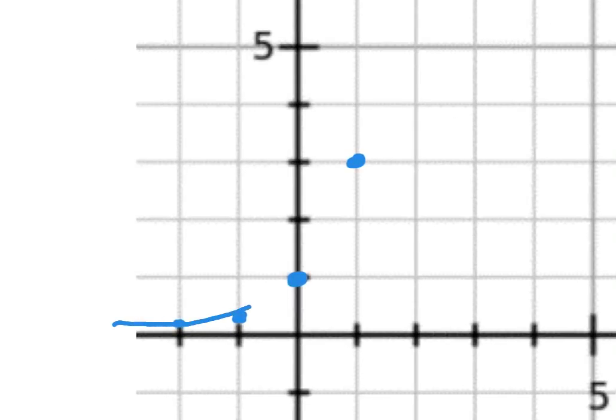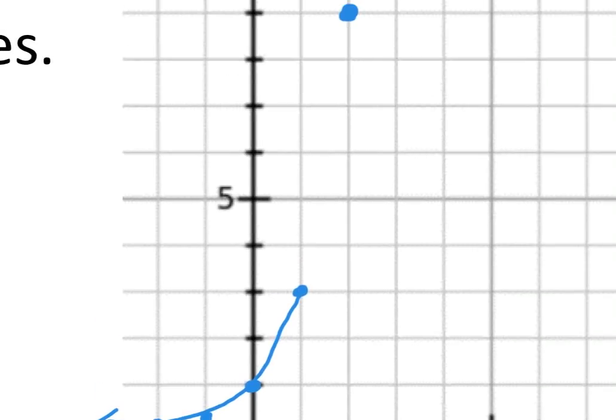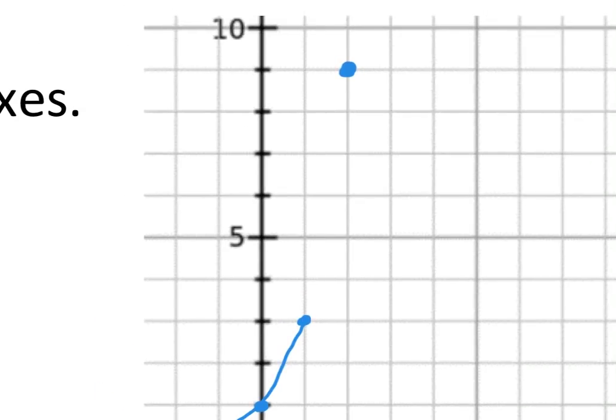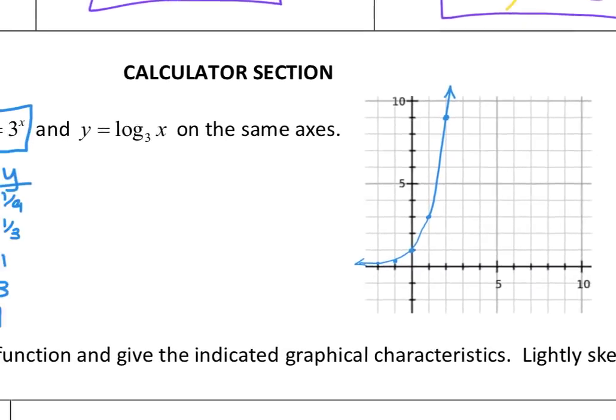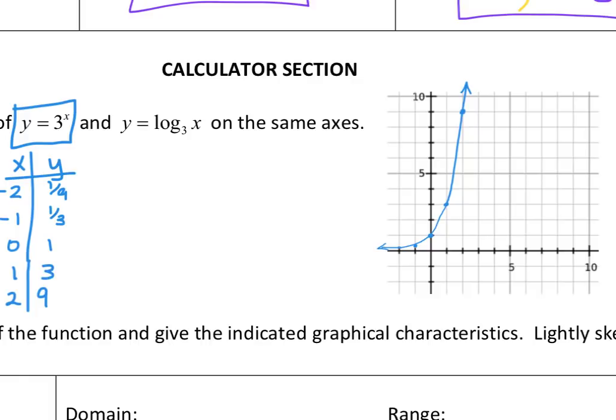And remember that with the exponential graphs, there's a horizontal asymptote. And then the graph comes up kind of like this. And so zooming out, that's sort of what your 3 to the x power should look like.